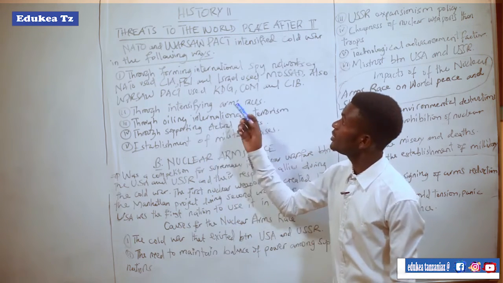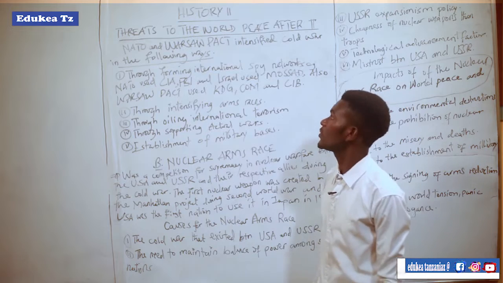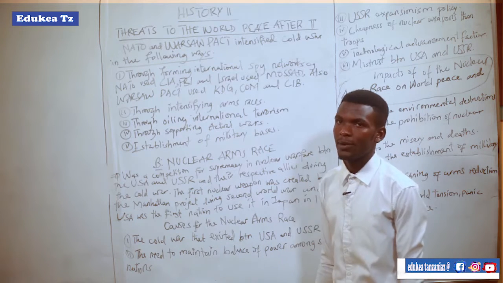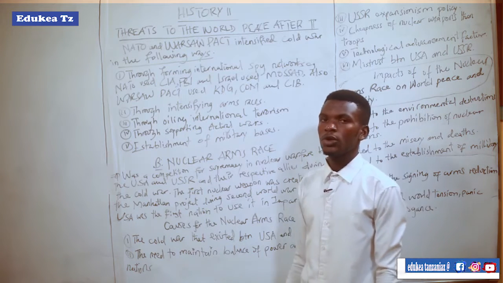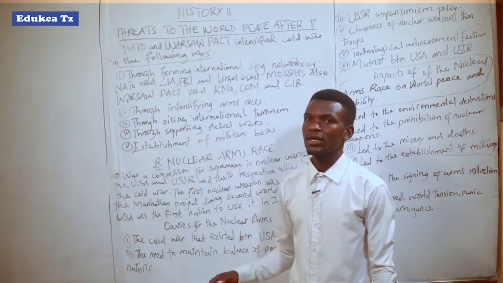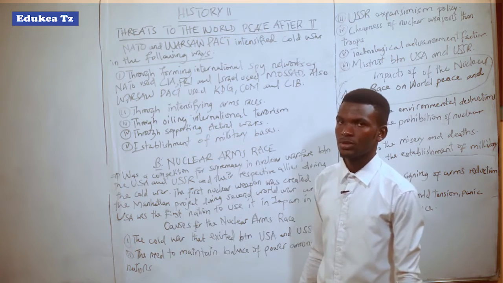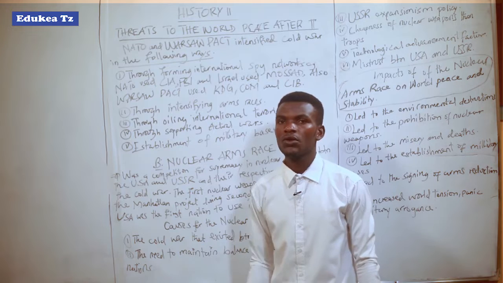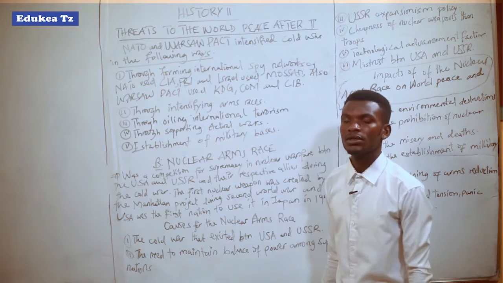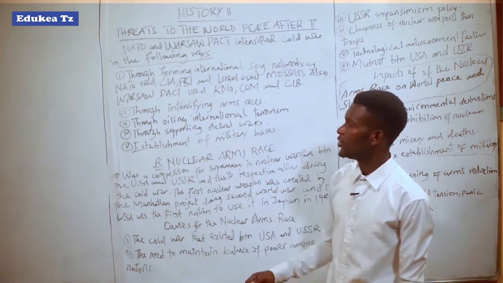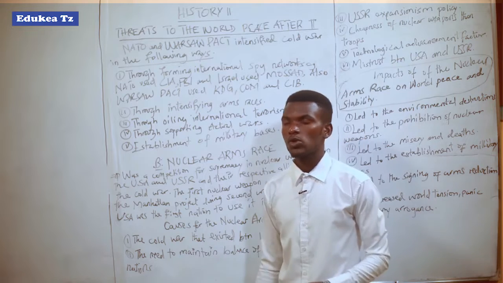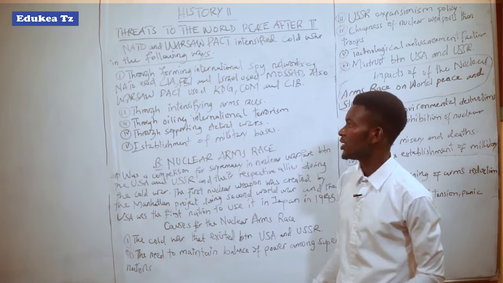This led to the intensification of the Cold War, whereby the Soviet Union was angry with those actions following the assassination of Indira Gandhi of India. So in one way or another, the Cold War was intensified in that way.